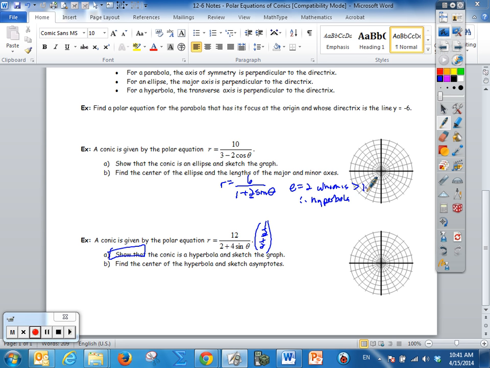Okay, sketching, same way we did the other one. I would do a T-chart with the quadrantals, 0, pi over 2, pi, 3 pi over 2. I would sub them in here. Either one is fine. Just for time's sake, I'm going to go ahead and write down the values. When you substitute in, you should get that same thing. So we go over here to our graph and draw it.